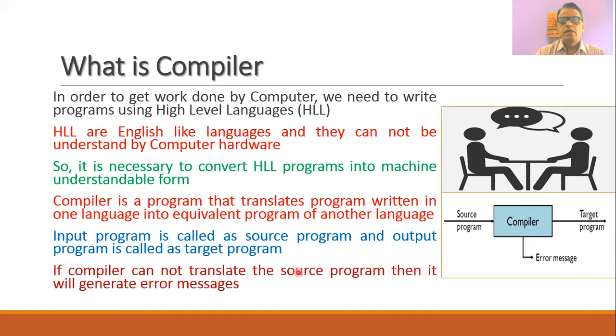Now many times if there are certain errors in your source program, then the compiler is not able to perform its job, and therefore in such a case the compiler will generate the error message. So compiler, you can say, works as a translator, and whenever we want to communicate with our machine, then we need a compiler.